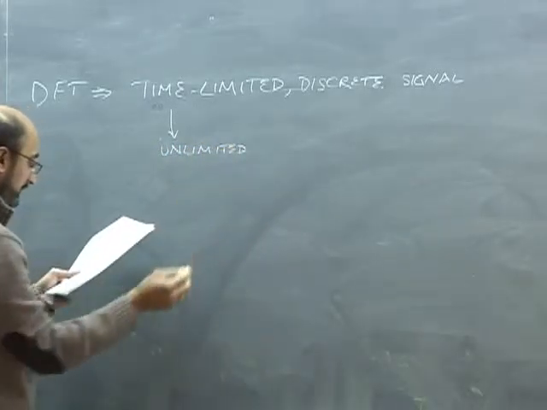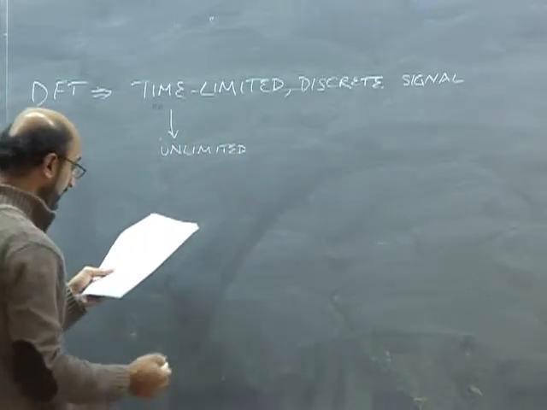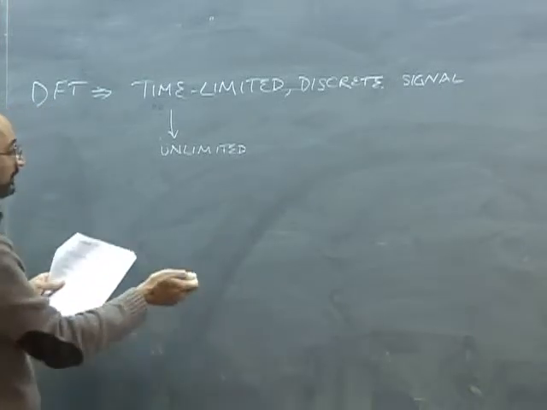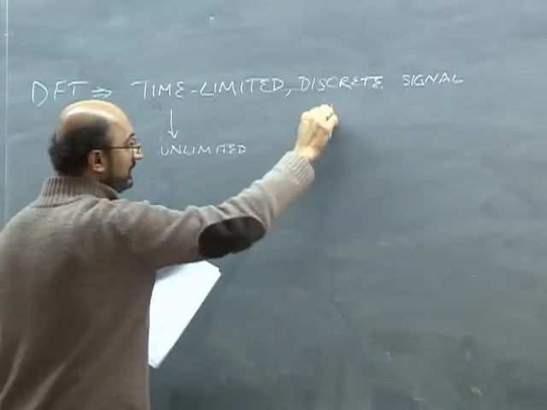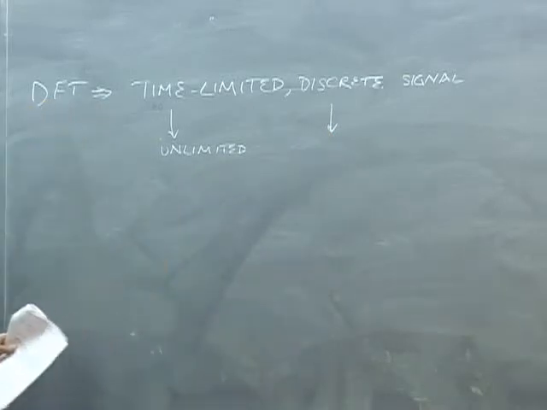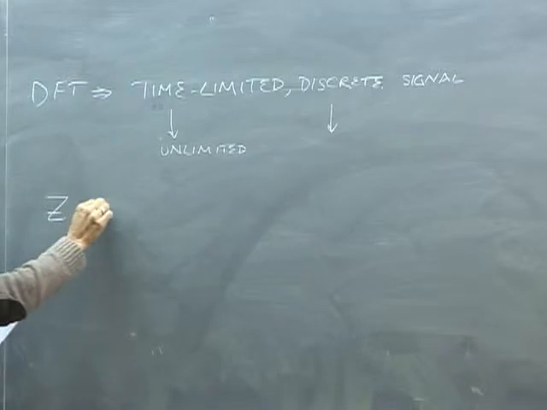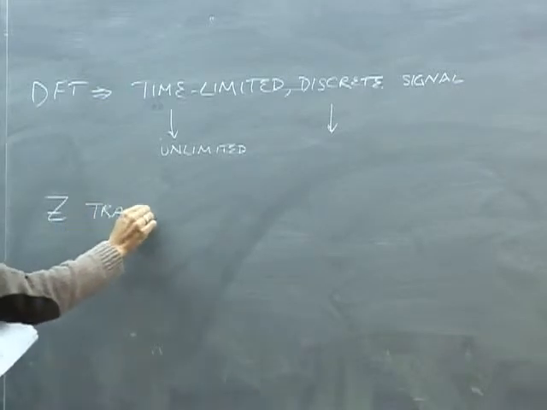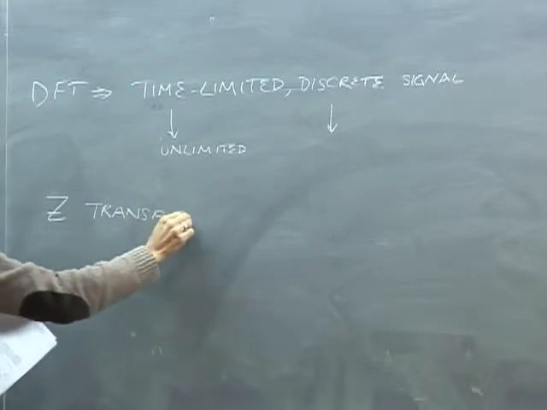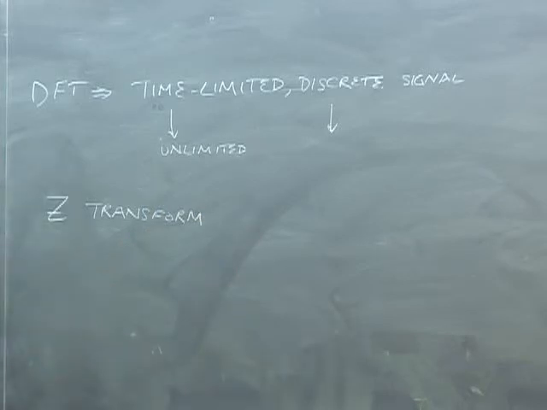It's still going to be discrete though, we're going to keep it discrete. In that case, we get basically the Z transform. And the Z transform is still in discrete quantities.